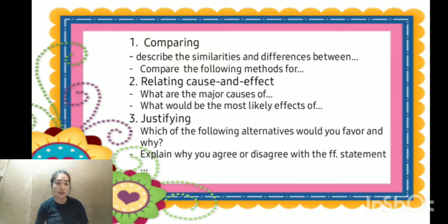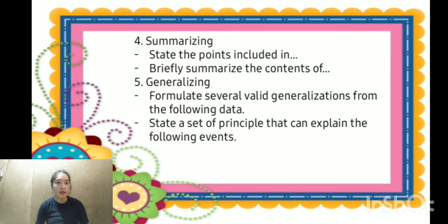So that is justifying. Fourth is summarizing. A summary is a synthesis of the key ideas of a piece of writing restated from your point of view or in your own words. That is summarizing. Fifth is generalizing. Generalization is one of the writer's strategies through which humans extend the characteristics of an element compared to the objective writing.